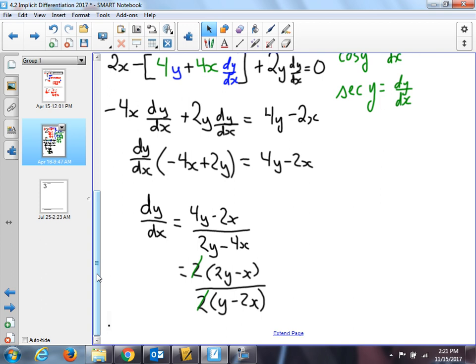Okay. Sometimes people will say, well, the answer book doesn't have the same answer as this. Do you realize that if you had isolated things at this step, if you would move your dy by dx stuff over to the right-hand side, all your negative signs would have been opposites, meaning you would have had positive x minus 2y, positive 2x.